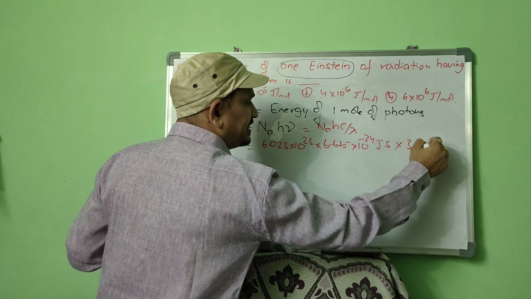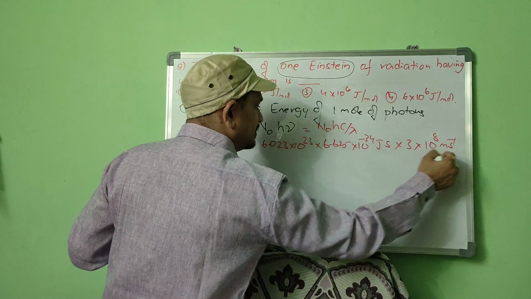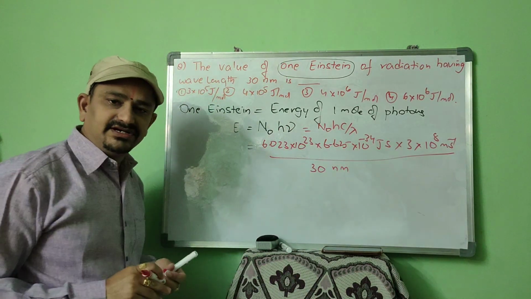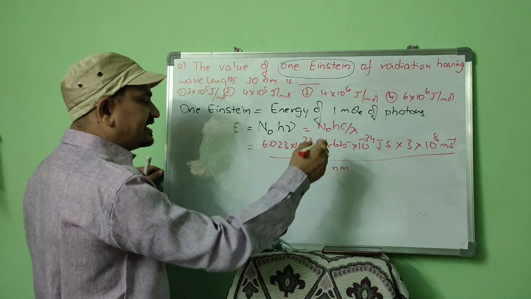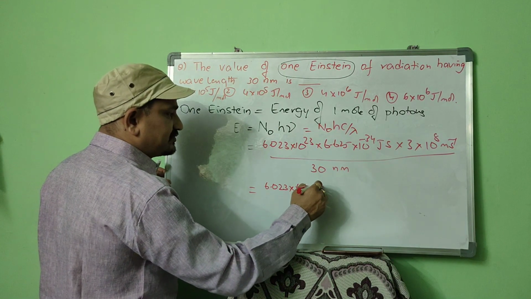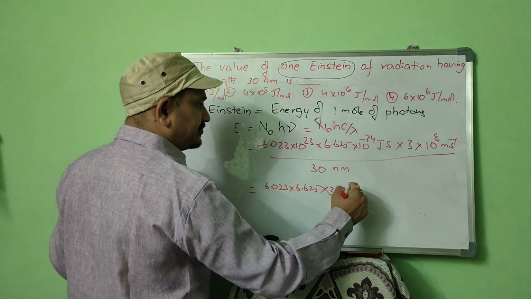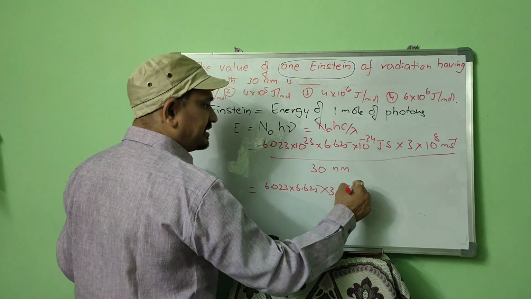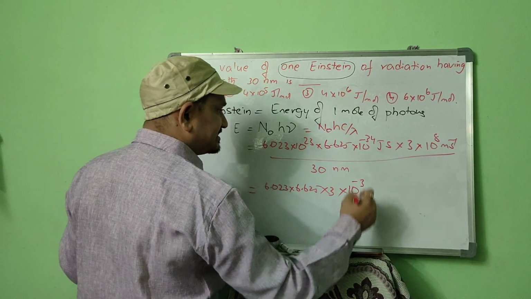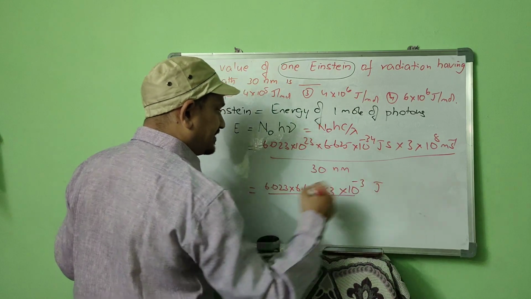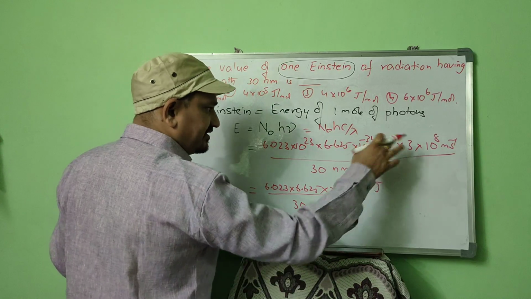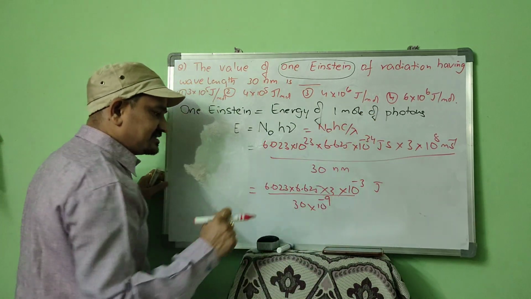Velocity of light is 3 into 10 power 8 meters per second, whole divided by 30 nanometers, which means 10 power minus 9 meters. On substituting and simplifying, even the meters get cancelled during this simplification.